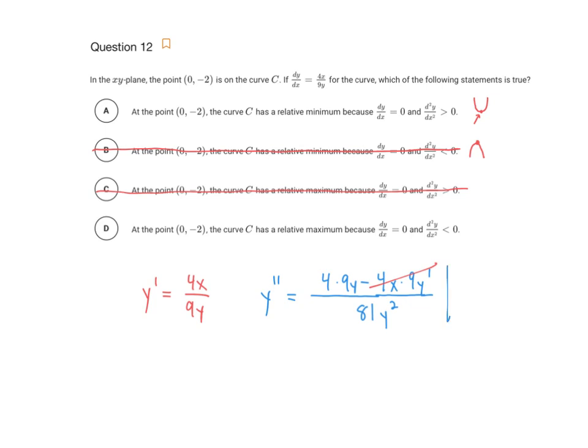So technically we're plugging in the whole point, but there's no more x's, so we're just plugging in the y's. Okay, so we can see the top's going to be negative because we're going to plug in a -2. That's going to make this negative, and the bottom's always positive. So the second derivative ends up being negative.